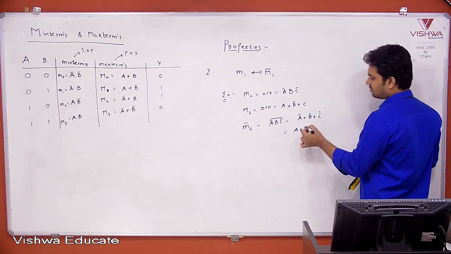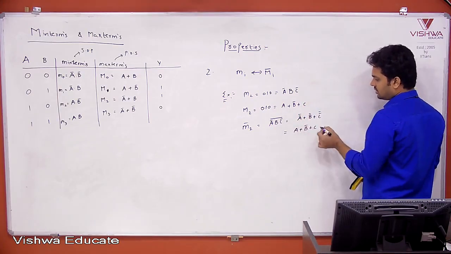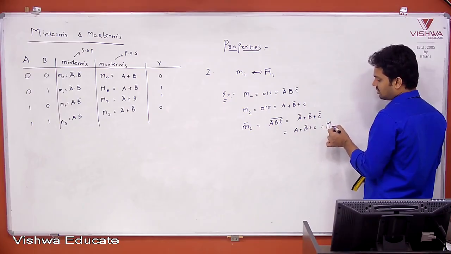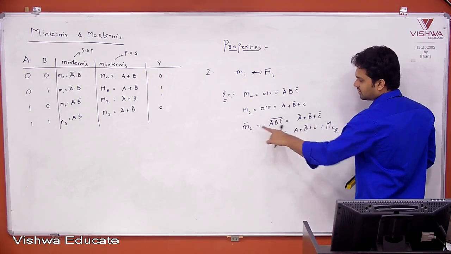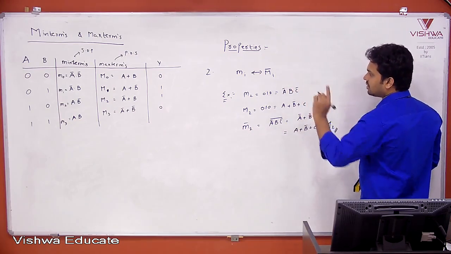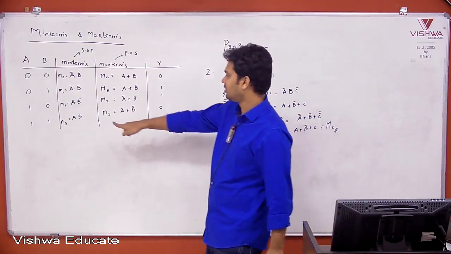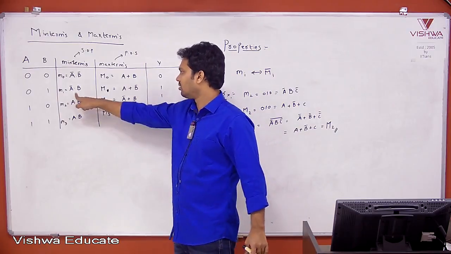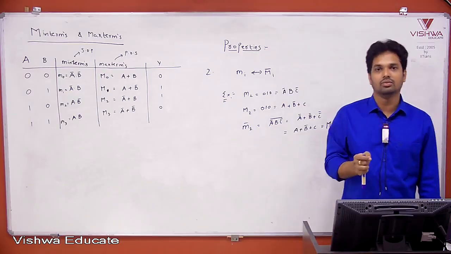A plus B bar plus C. You see, A plus B bar plus C is exactly the same as maxterm 2. So minterm 2 bar is maxterm 2, and maxterm 2 bar will be minterm 2. Like that, minterms and maxterms are always complementary to each other. You can check here also: you take the complement of this, you get this; you take the complement of this, you get this. Copy it.